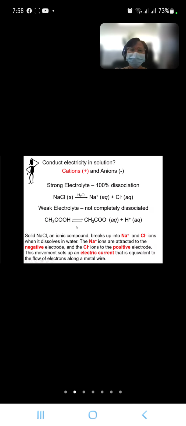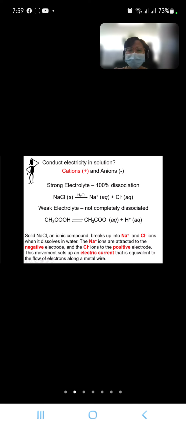Like for example, acetic acid. Acetic acid is a weak acid. And if this is mixed with water, the acetic acid will produce acetate ion, CH3COO negative, and hydrogen ion.